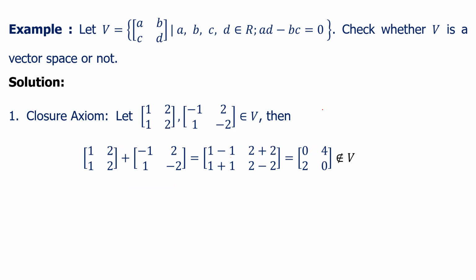But after adding these two elements, 0 into 0 is 0, minus 4 into 2 is minus 8, so the determinant is not equal to 0, which means the sum is not an element of V. Since it does not satisfy the closure axiom, V is not a vector space.